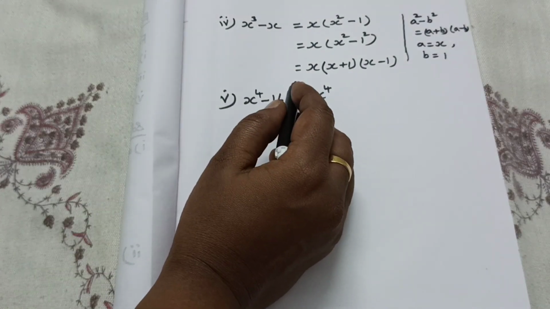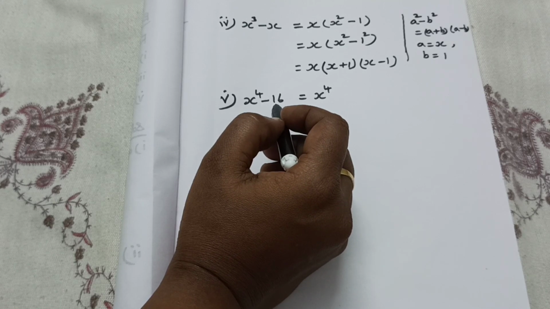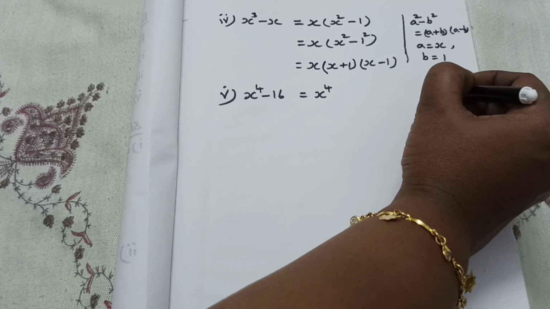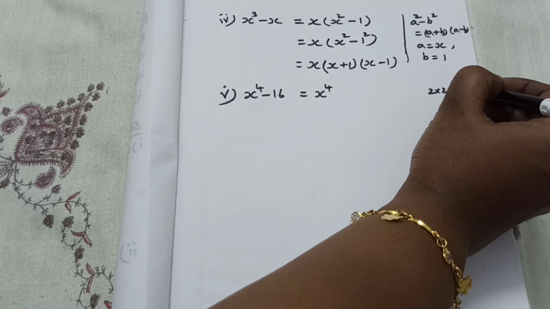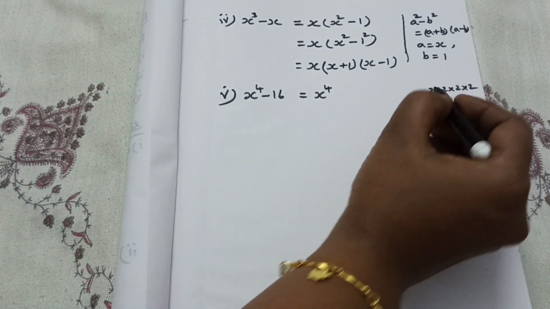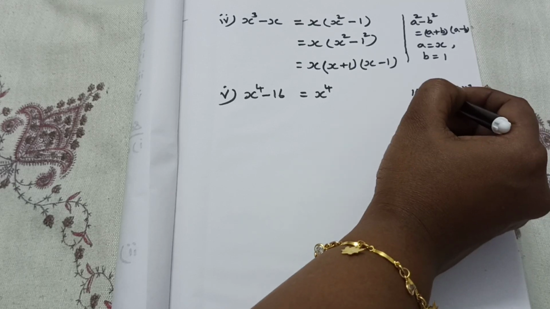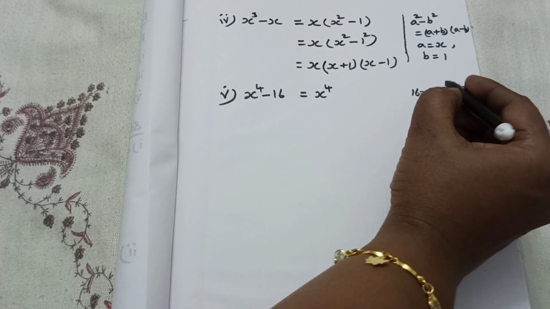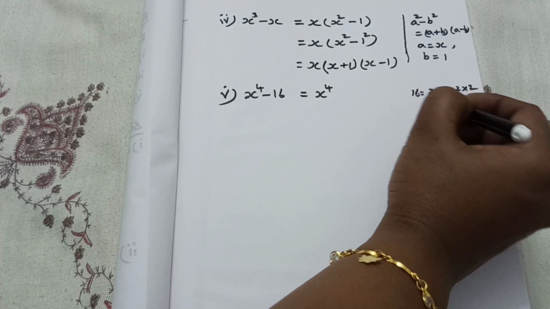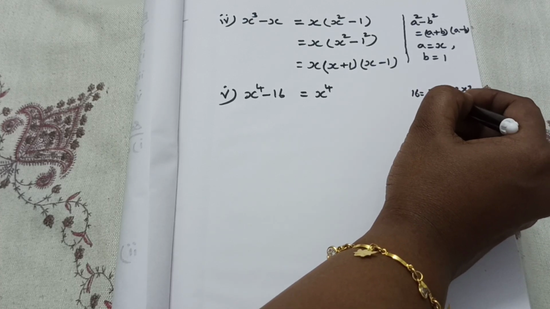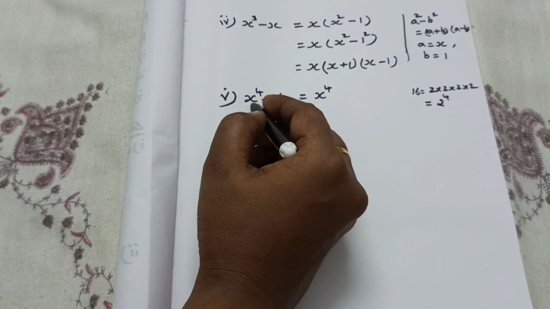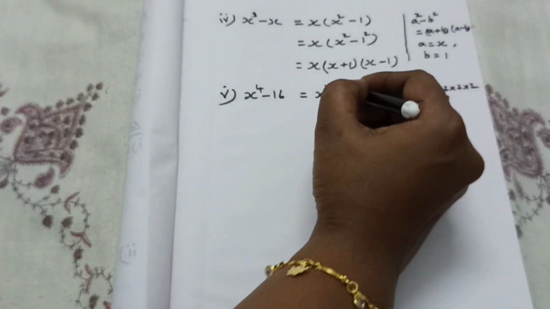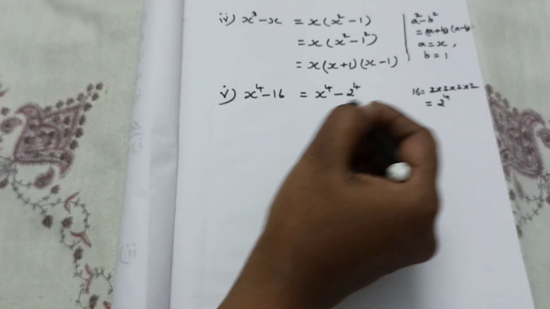Which power 4? 2 2s are 4, then 2 into 2 into 2 into 2. 2 2s are 4, 4 2s are 8, 8 2s are 16. This one we can write as 2 power 4. Understood? So instead of 16 we can write 2 power 4.